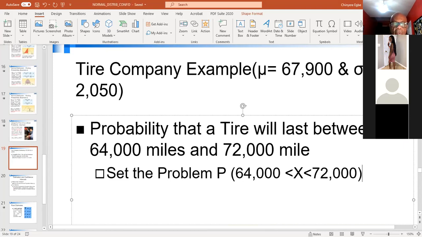And so what we'll do is we'll calculate Z equals, and I'm going to now insert equation.